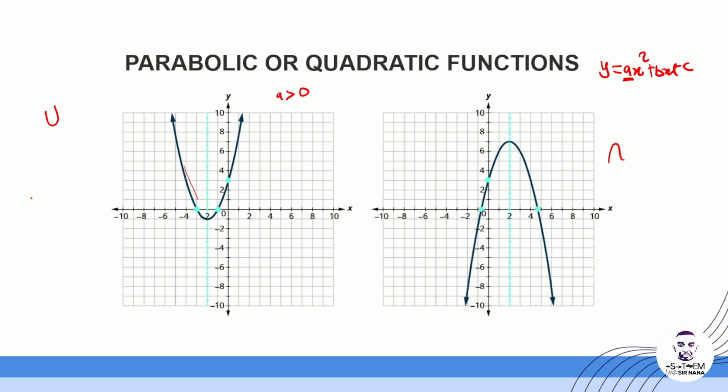In that case, you see that a should be less than 0. The points here represent the solutions to the parabolic function or the parabolic equation. To find the solutions, the points that touch the x-axis represent the solutions.